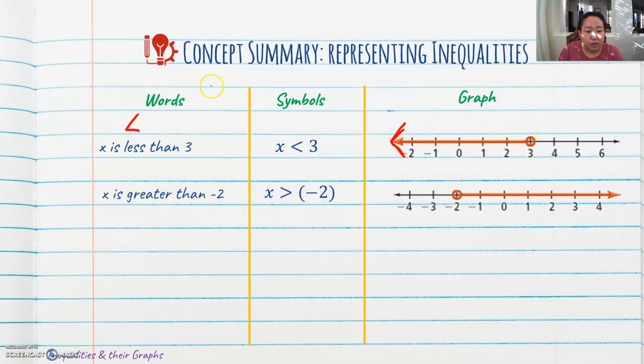If you have greater than, that's going to be in the opposite direction. The arrowhead is anything greater than, to the right of the number, and since it's greater than only, you will also have a hollow dot.